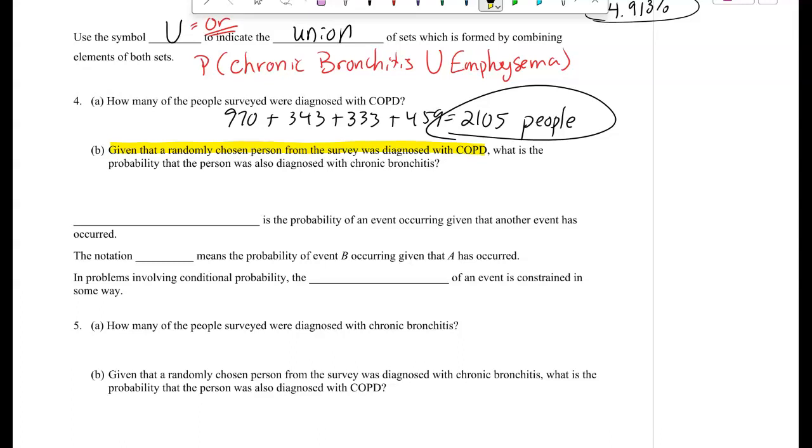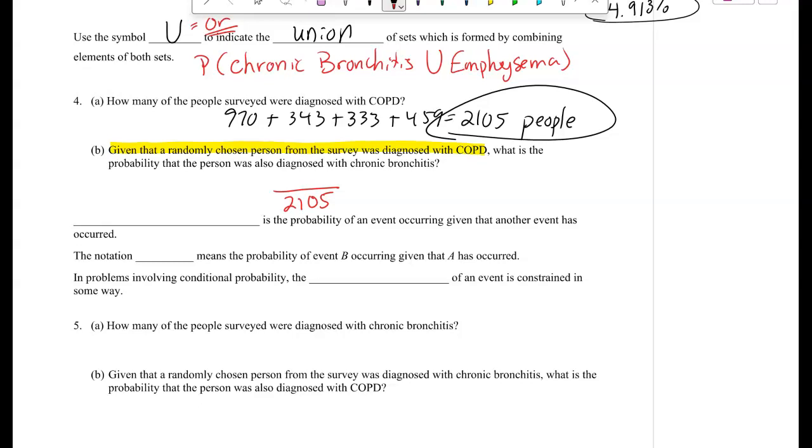Of that group, you no longer are looking at all the people surveyed. You're narrowing it down. What group of people am I looking at? All those who have COPD. Well, how many people have COPD? 2,105. But I want to know the probability that they have chronic what?